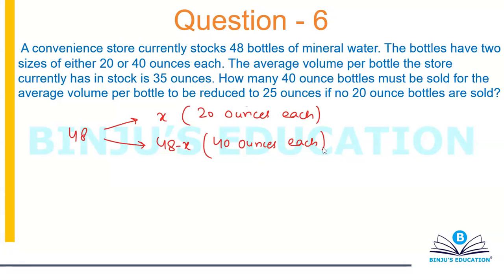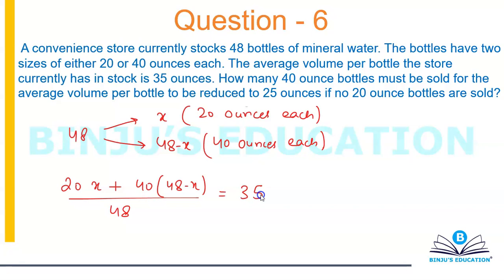The average is 35 ounces, which means I can say (20 into x plus 40 into (48 minus x)) divided by 48. This should be equal to 35, because how do you calculate average? You multiply the observation with the corresponding frequency, add all the sums and divide by the total number, right?